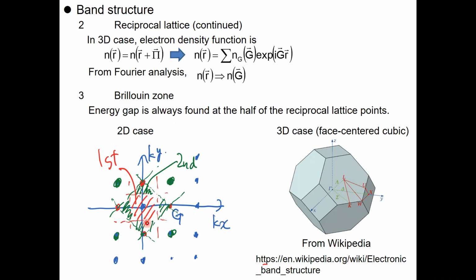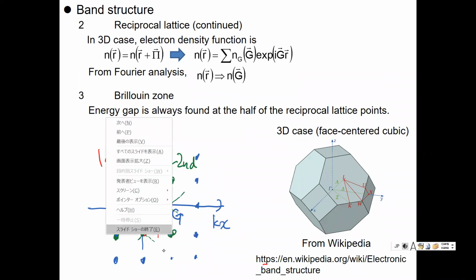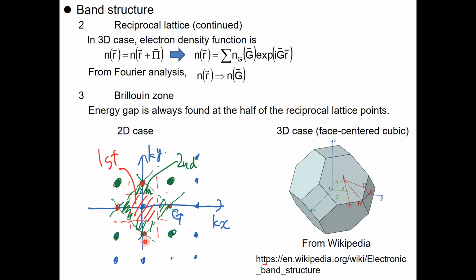And to find the second Brillouin zone, you first have to find the second nearest points, which are these red reciprocal lattice points, and then you draw again the half plane here, here, and inside here is the second Brillouin zone, like this.